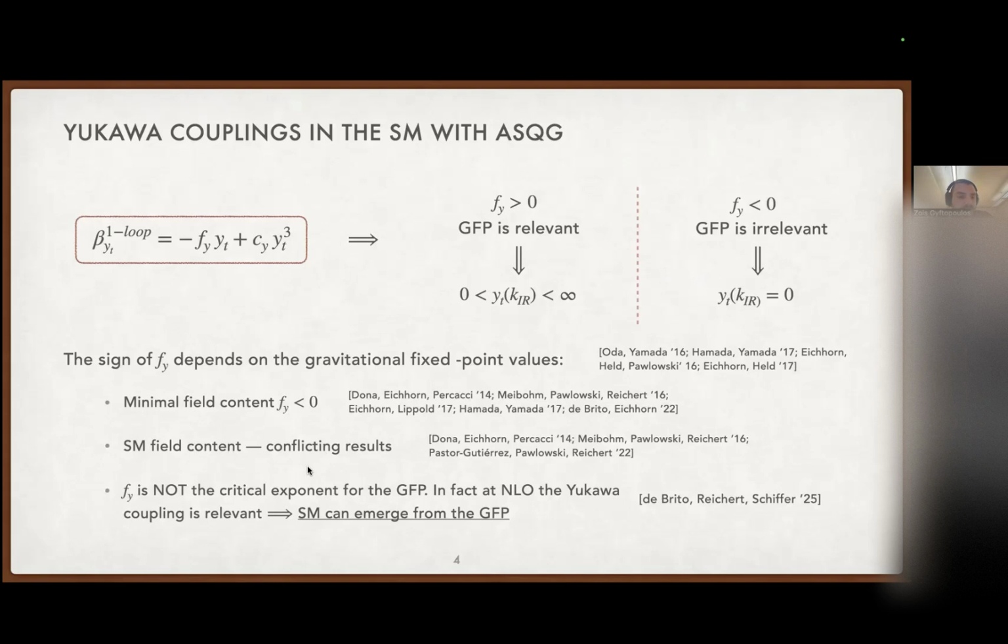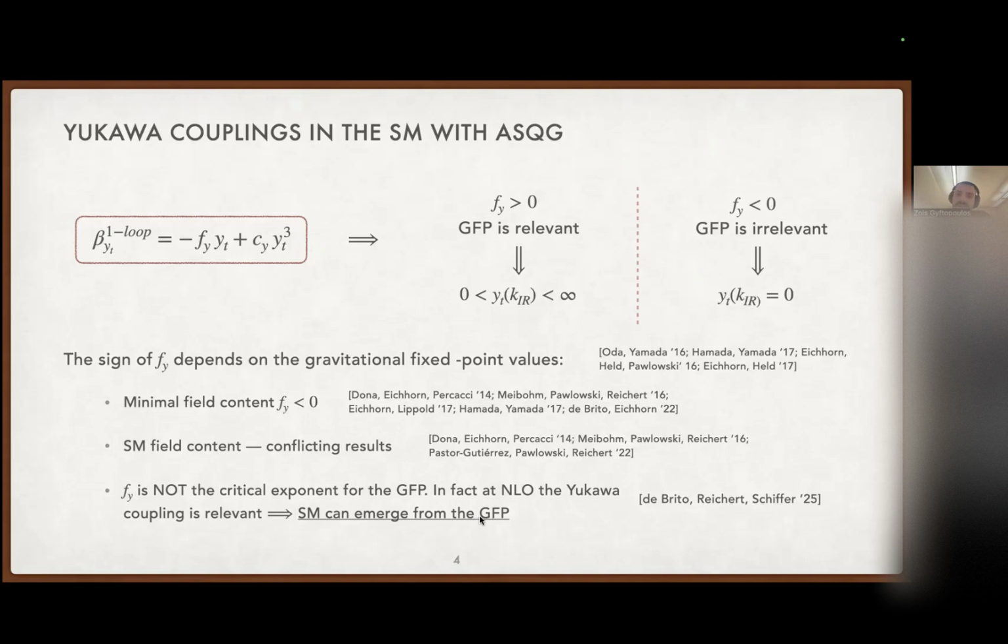But let me mention this very recent result by Gustavo, Manuel, and Mark, where they highlighted the fact that this Fy is not actually the critical exponent for the Gaussian fixed point if we consider next-to-leading-order operators. And so their calculations show that these Yukawa couplings are relevant when we increase the order of the computation. And so the standard model can actually emerge from the Gaussian fixed point.